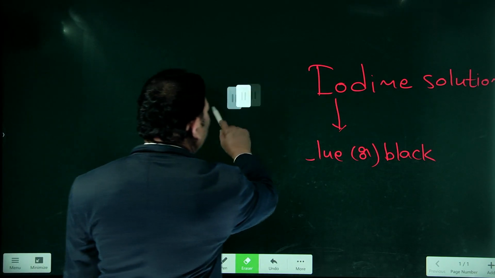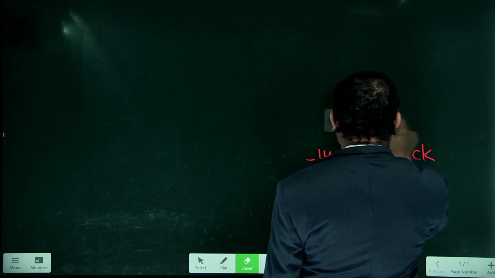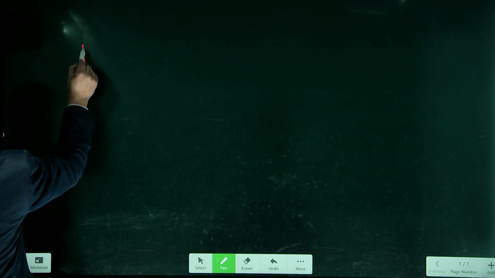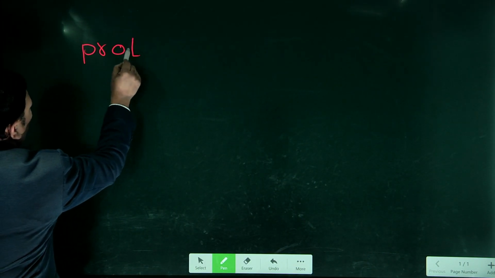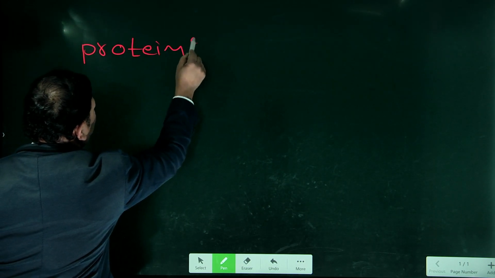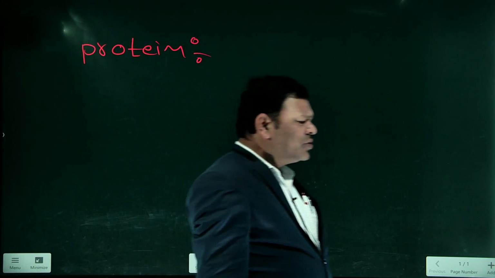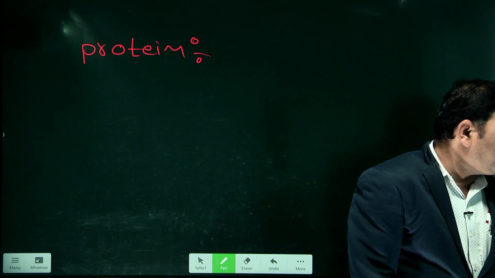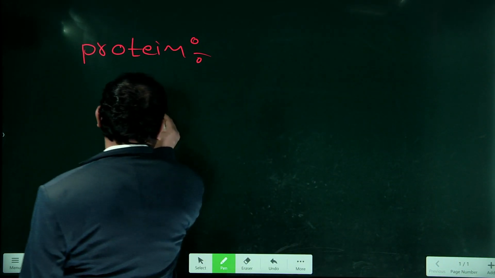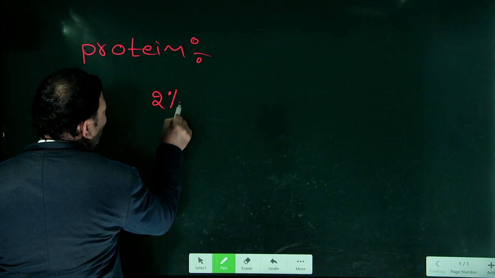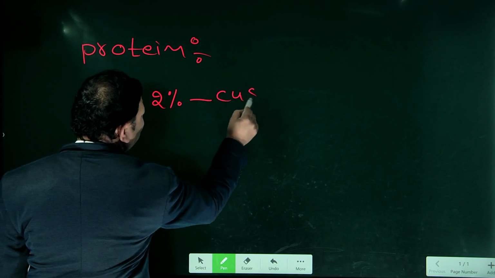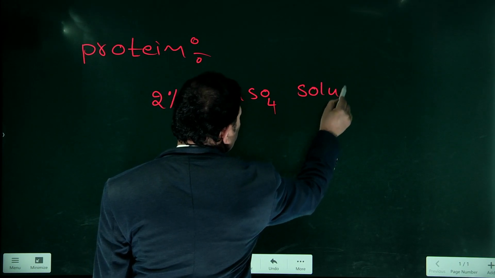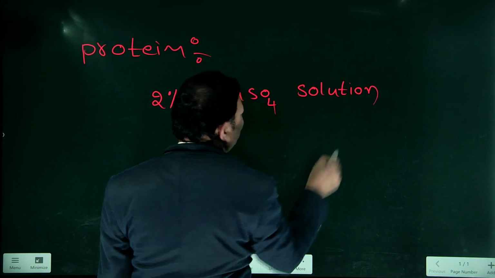Now how do you identify proteins? Do you know? Don't know? Proteins. How to identify protein? First of all, you take 2% copper sulfate solution, which you can prepare.